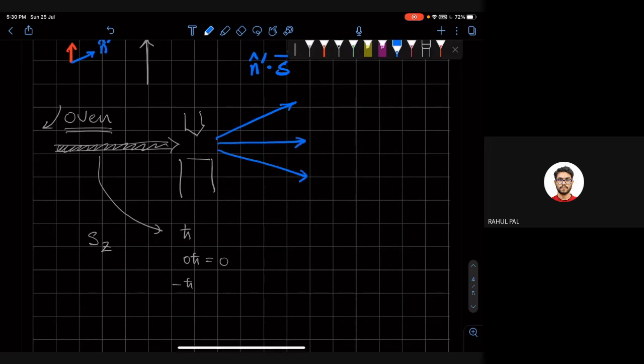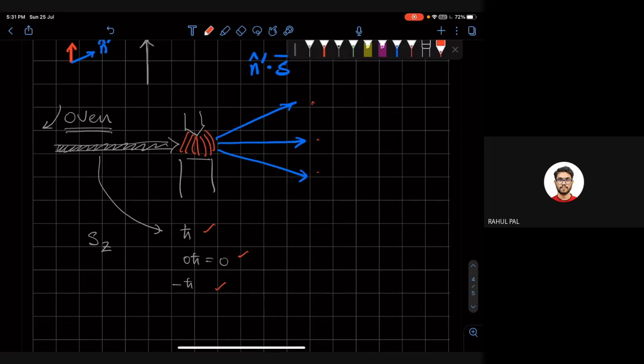And that's because the magnetic field is inhomogeneous, they will couple with these 3 spins differently, putting different amounts of force, and therefore they will split into 3 beams. Okay, so anyway, I want you to keep this in mind, and then follow.